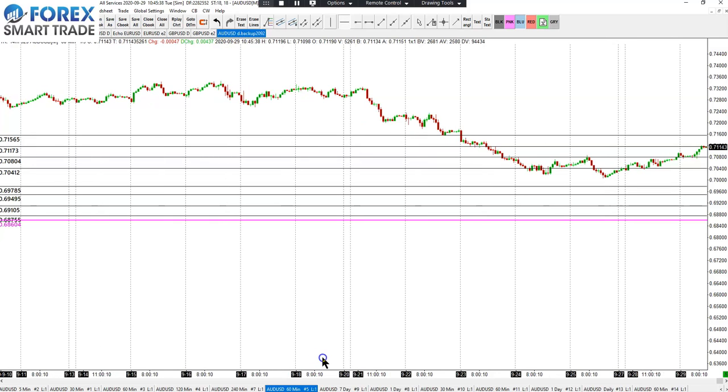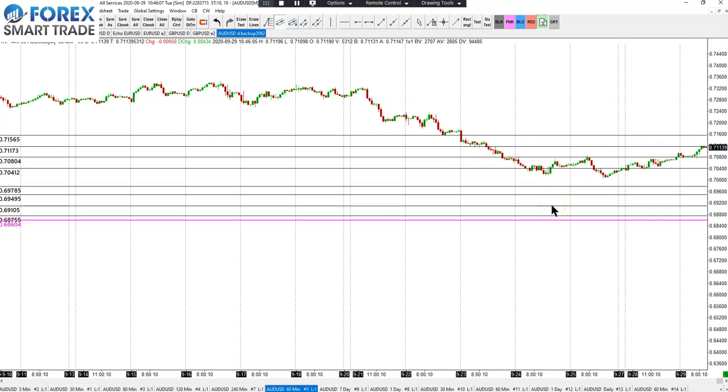Now, the next thing I want to know is what the trend is. So over the last 2.5 days since Friday, I've got an uptrend, a mild uptrend, versus the previous week, I had a downtrend.